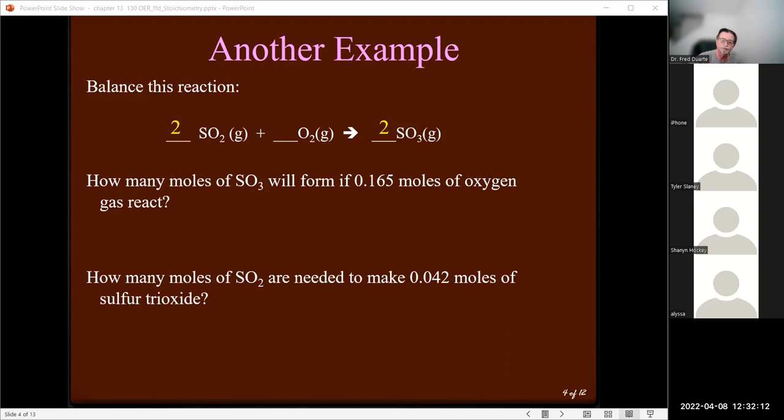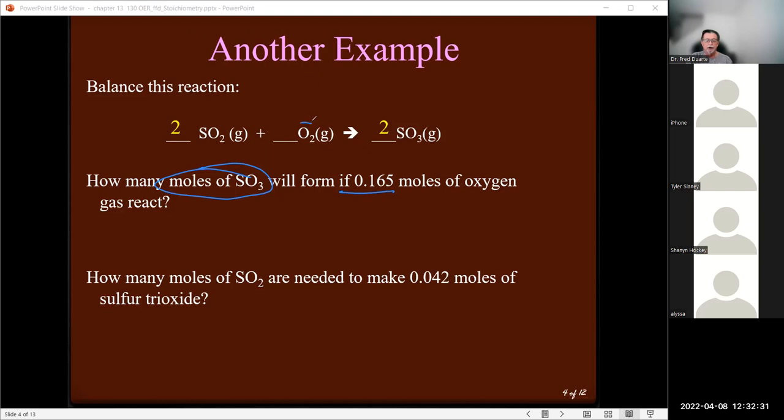All right. First question says, how many moles of sulfur trioxide will form if we begin with 0.165 moles of oxygen?